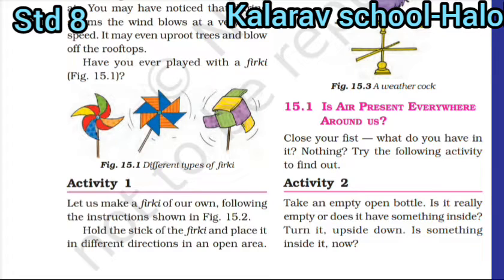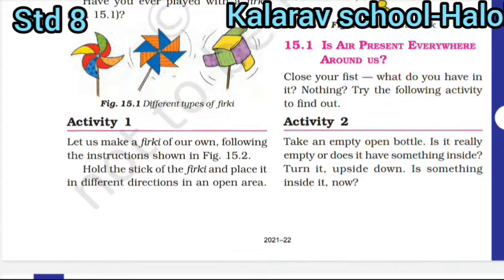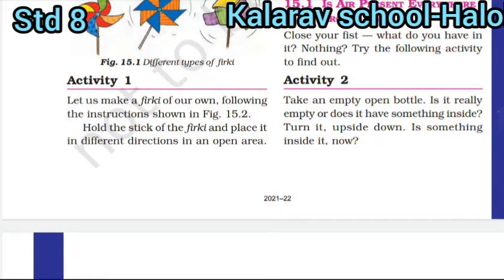15.1. Is air present everywhere around us? Close your fist. What do you have in it? Nothing. Try the following activity to find out. Activity 2. Take an empty open bottle. Is it really empty, or does it have something inside?